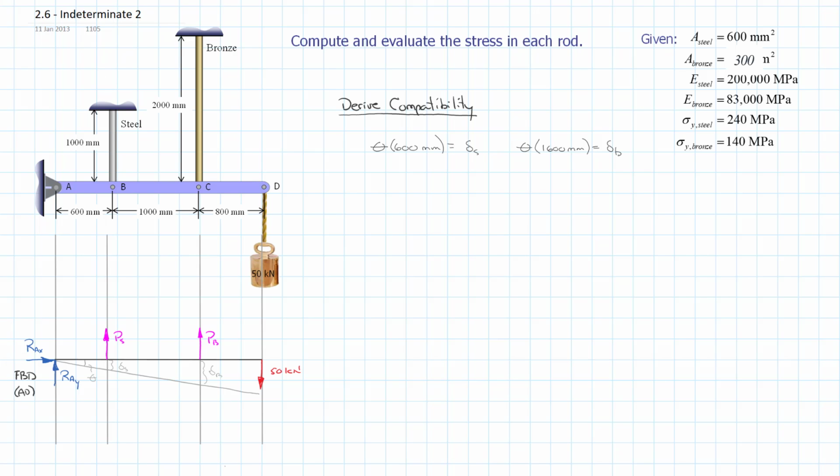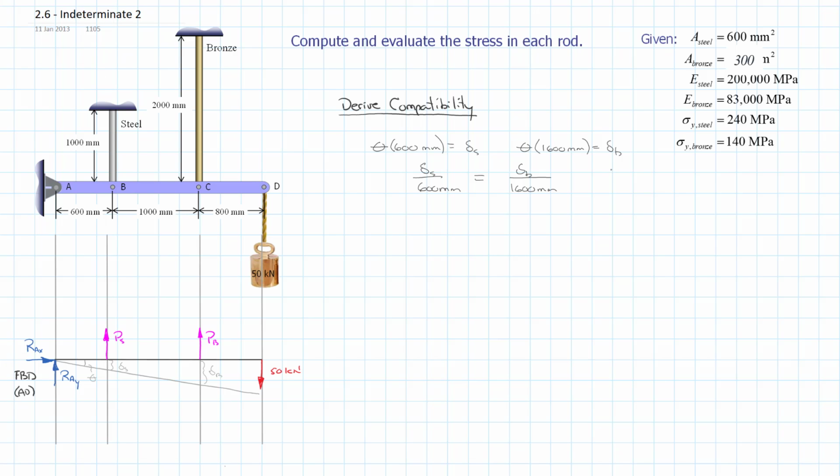And clearly the thetas have to be equal. So if we isolate theta, we get delta s over 600 millimeters and delta bronze over 1600 millimeters, and those are both equal to theta, so they have to be equal to each other.